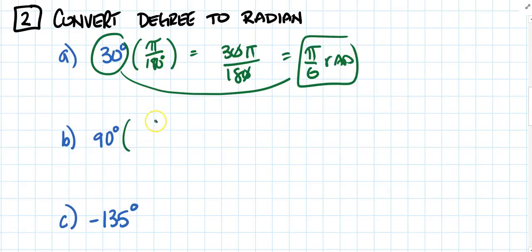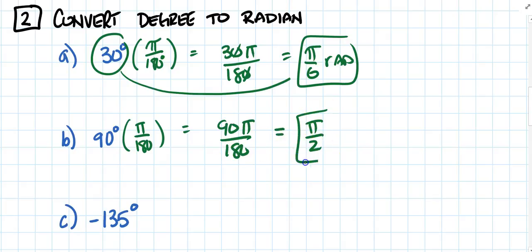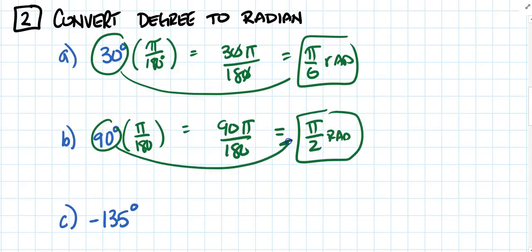Let's take 90 degrees. I would multiply by my conversion factor of pi over 180, and I would get 90 pi over 180, and of course 90 over 180 is a half, so therefore 90 degrees is the equivalent of pi over 2 radians. Let's take negative 135 degrees.